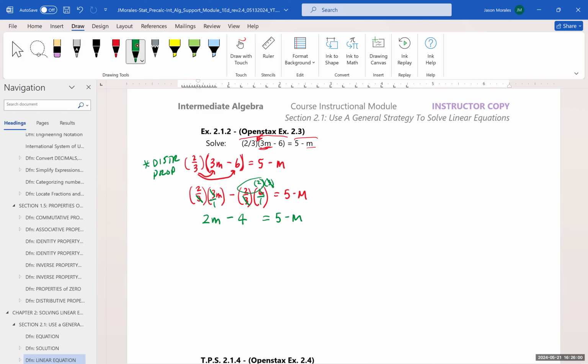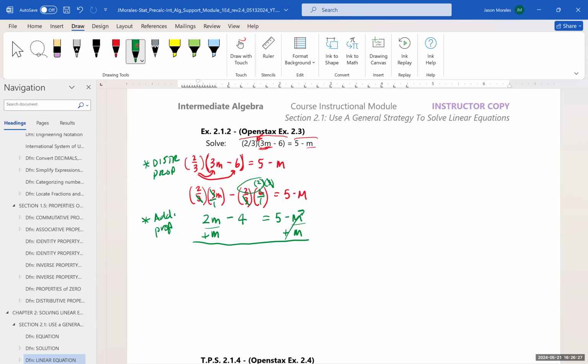And now what we can do is use the addition property, and we want to consolidate the variable on one side and the constant on the other. So here we have m on this side and m on this side. So let's add m to both sides.